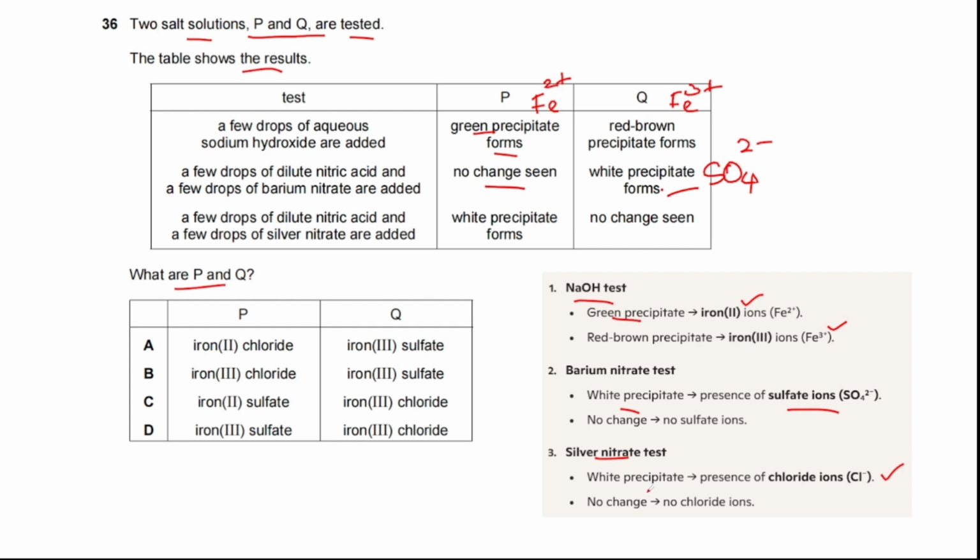If present in the solution, it will give a white precipitate. P gives a white precipitate, which means that it contains Cl minus, and Q doesn't. So P is Fe2 plus with Cl minus, FeCl2, and Q is Fe3 plus and SO4 2 minus, Fe2(SO4)3. So it's iron(II) chloride here, and iron(III) sulfate here.